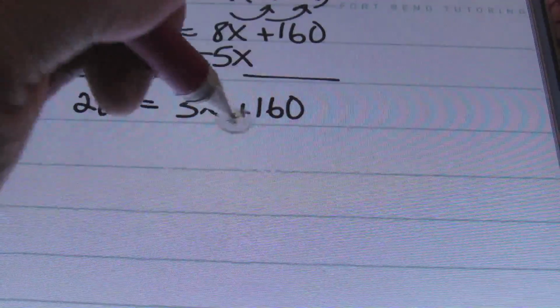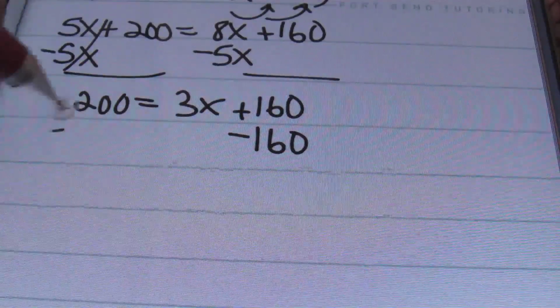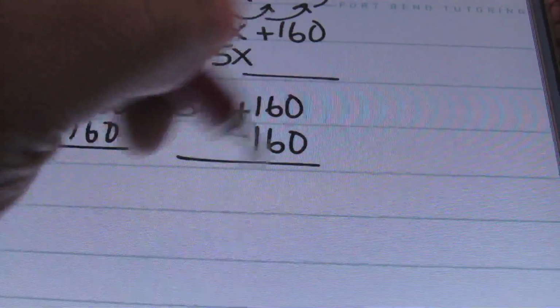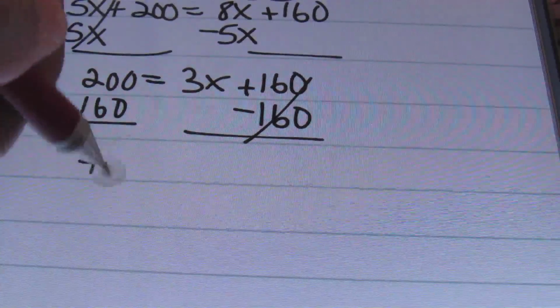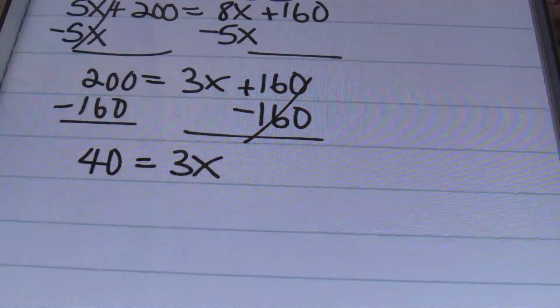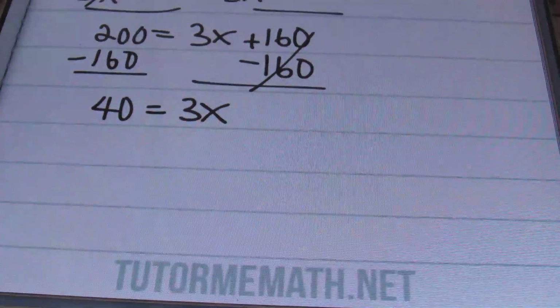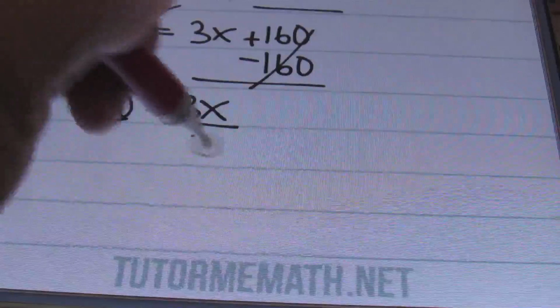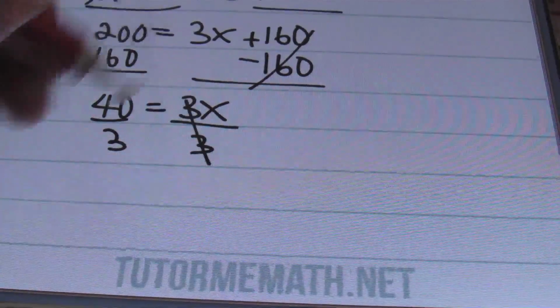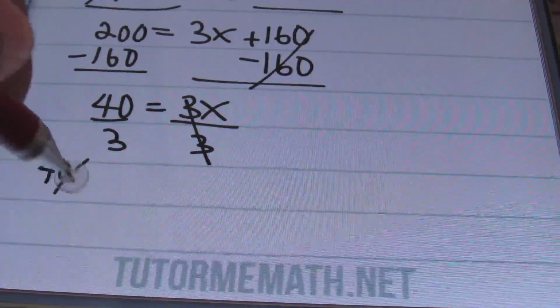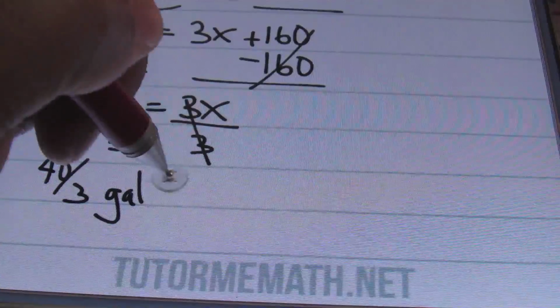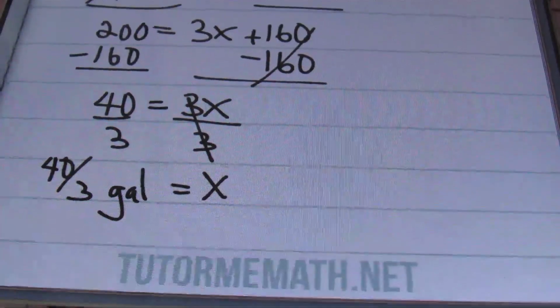From there, I'll subtract 160 from both sides, and I end up with 40 equals 3x. Then I'll divide both sides by 3 to find out that I'll need 40/3 gallons in order to get this 8% solution that I want.